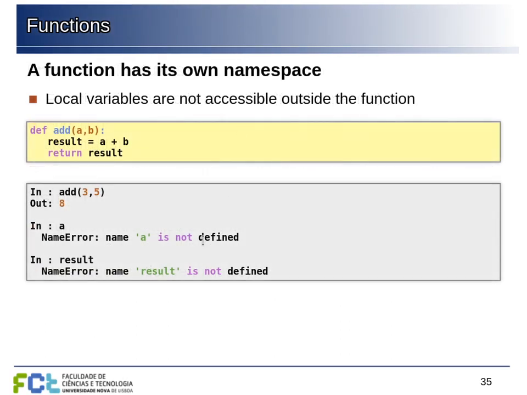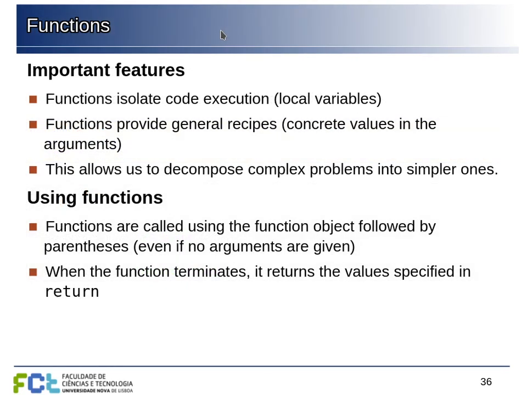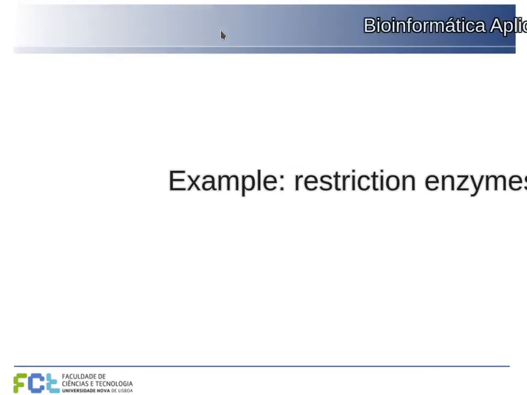The function returns on this instruction, return. So when Python finds this instruction, it will leave the function and give to whatever called the function all the values that you put after return here. If a function does not have return, then it returns None, that empty value.